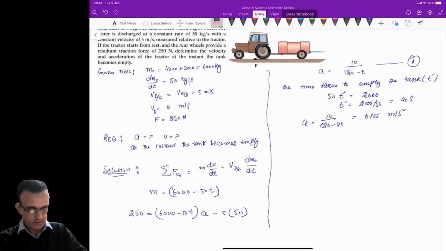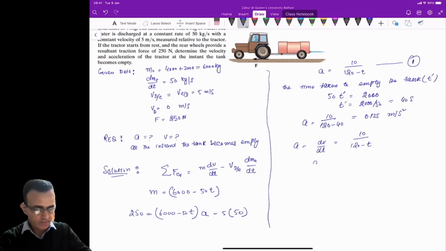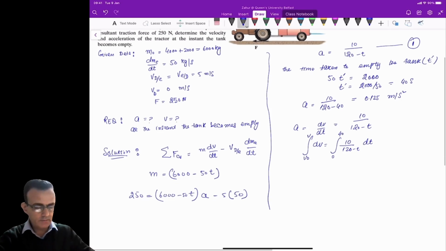So acceleration, which is equal to dv by dt, is equal to 10 divided by 120 minus t here. So dv equals 10 divided by 120 minus t, into dt, and it will be from v0 to v, and this will be from 0 to 40. So in this case, the left side will become just v, because v0 is 0, which is given here.